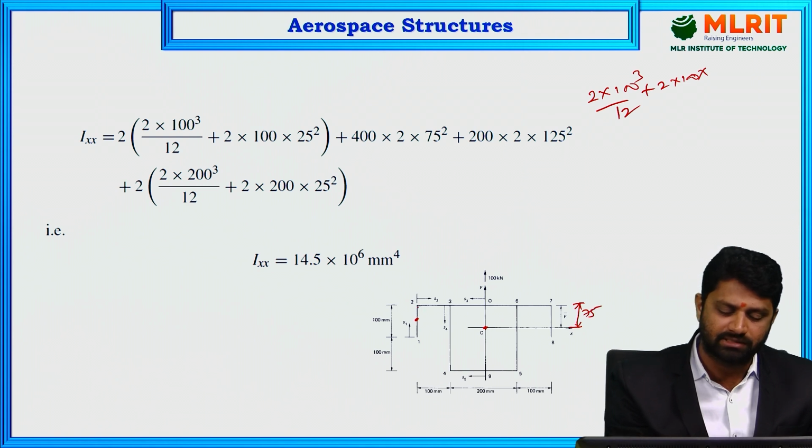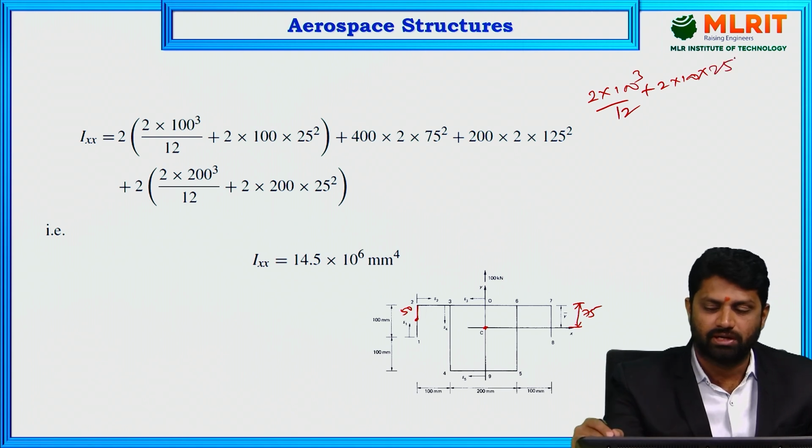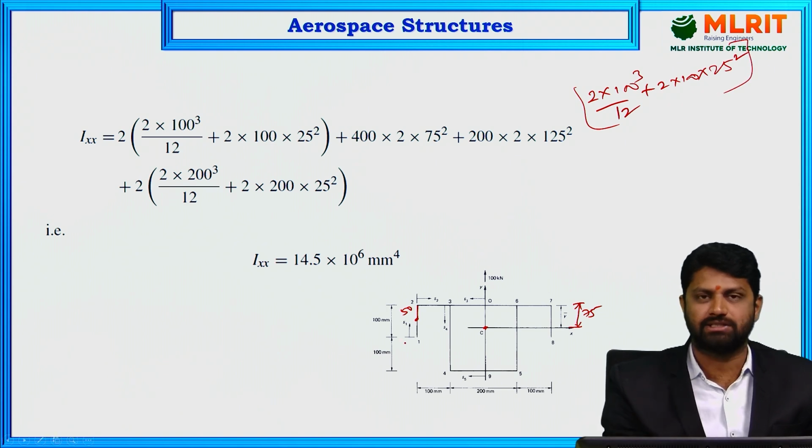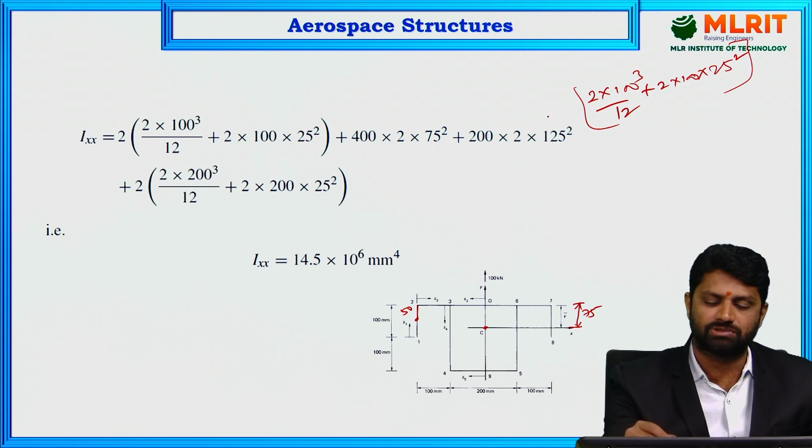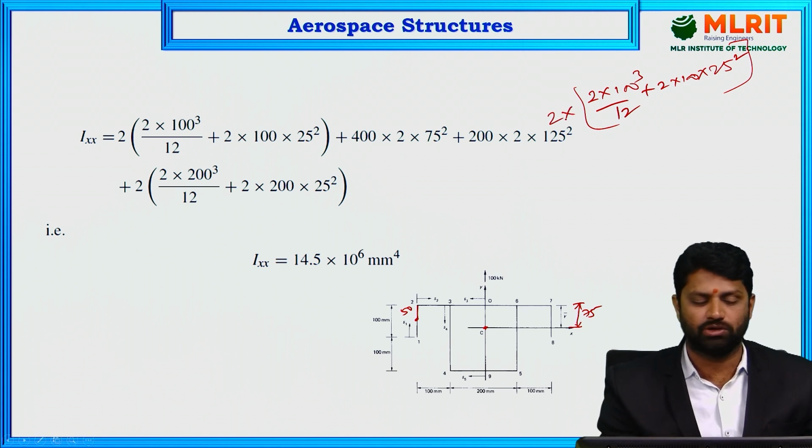And the distance from here to here is 50 mm. So 75 minus 50, you are going to get 25, so you will get 25 square. That is for panel 1 2, that is web 1 2. Similarly for 7 8 you are going to get the same, so you multiply by 2. So that is what is given here. Okay, so that is completed.